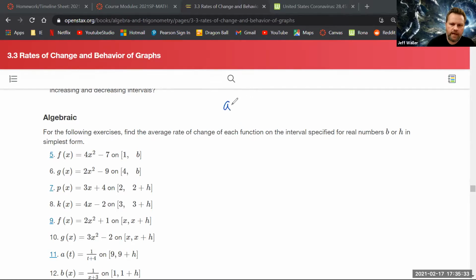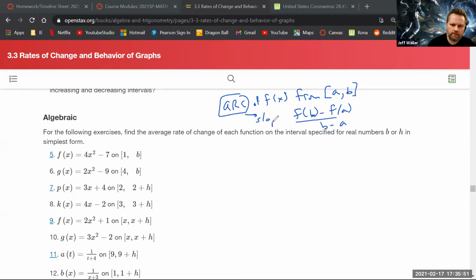If I want to know the average rate of change of f of x from A to B, then I would just do f of B minus f of A over B minus A. That's because average rate of change is slope, and slope is y2 minus y1 over x2 minus x1: the difference in the outputs on the top and the inputs on the bottom. Is everybody with me? I really want that to make sense.